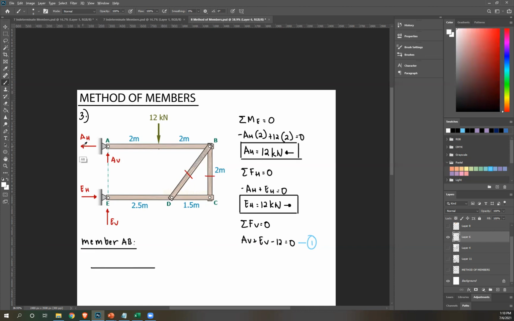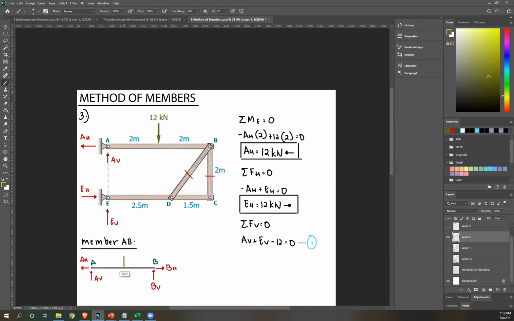AH to the left, AV upward, and this is A. And then this is B. Assume direction for B. I'm going to assume BV is upward, and BH to the right. And then don't forget your external force.